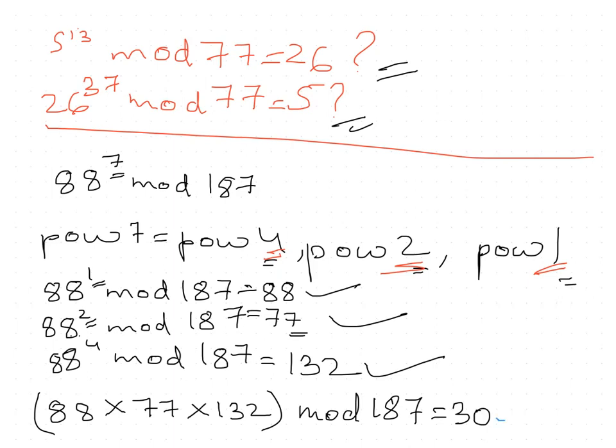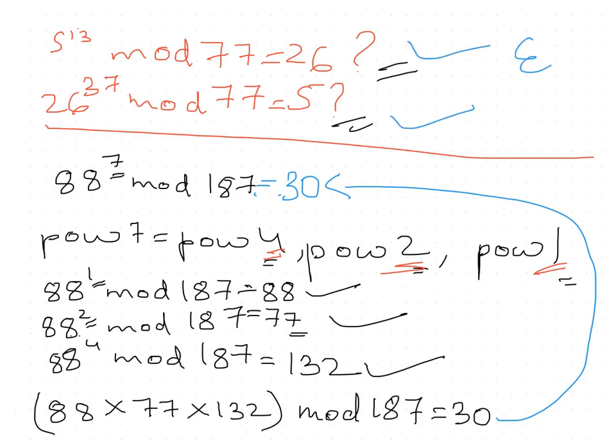This 30 that we've calculated comes from the 3 different powers into which we broke the first equation. So 88 to the power 7 mod 187 is equivalent to 30. This is how you calculate a higher power mod something. Similarly, you can calculate for the encryption and the decryption. Thank you so much for watching.